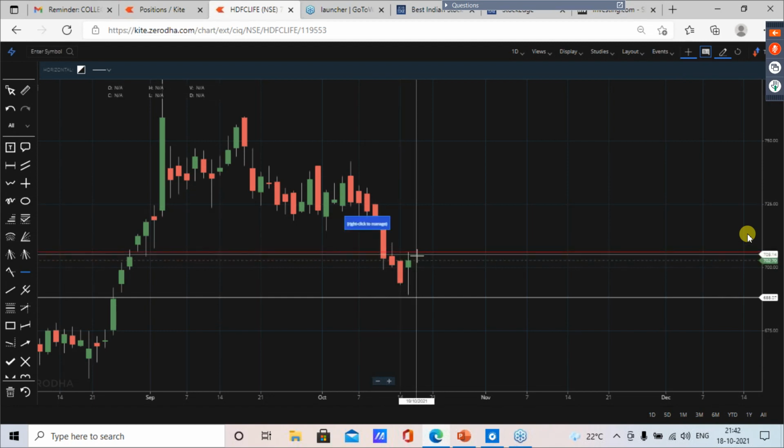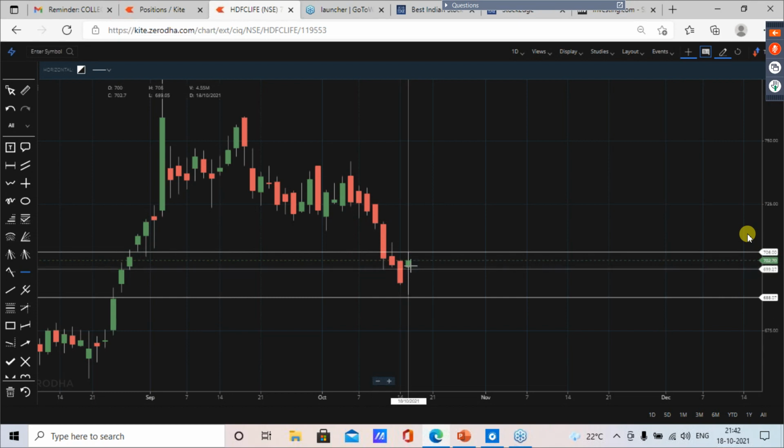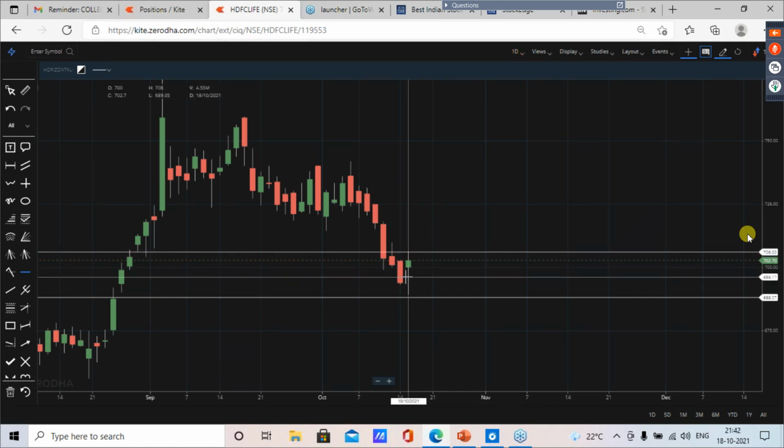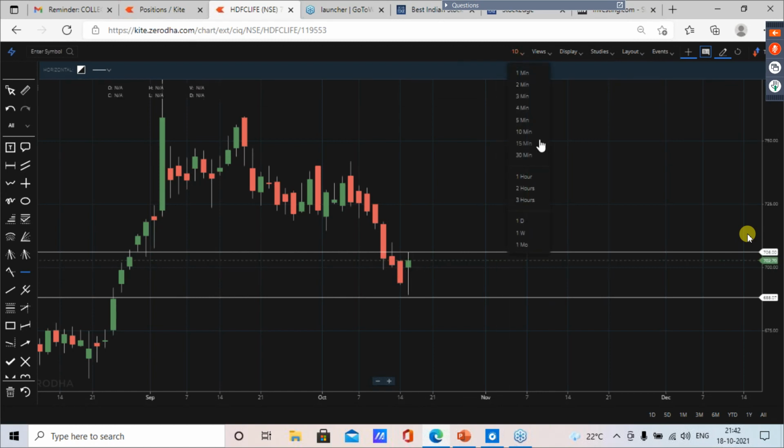If this high is broken, this is a bullish engulfing also and a bullish hammer. We have a beautiful downtrend, and after that we have a bullish hammer and bullish engulfing. Once the high breaks in the daily candle, you just shift to the lower time frame. What is the high value? High is around 706. If this 706 is broken tomorrow at 9:15, you will take a buy trade in 15 minutes.